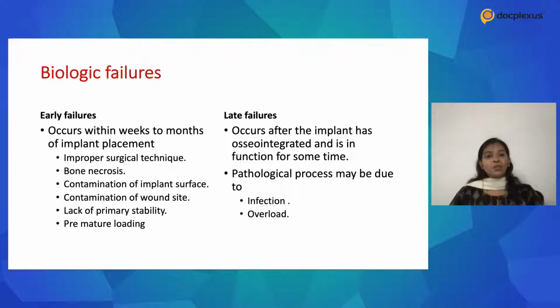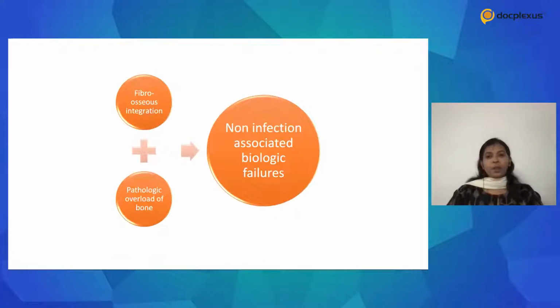Next, some of the reasons for late failures are probably infections over the period of time due to food lodgement or ill maintenance of the implant, or sometimes overload. Apart from that, there is something called a non-infection associated biologic failure. Sometimes it will look good, there's no infection as such, but there can be failures because of certain factors like fibro-osseous integration.